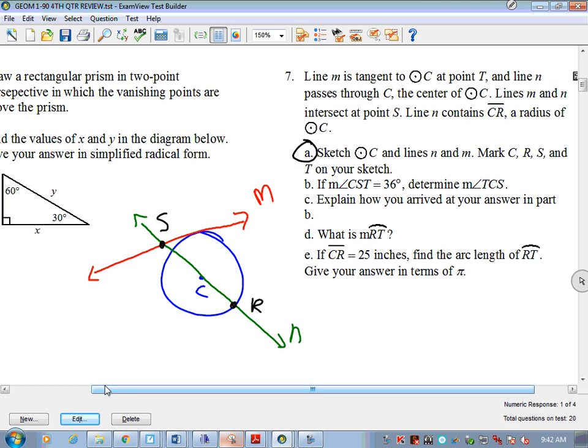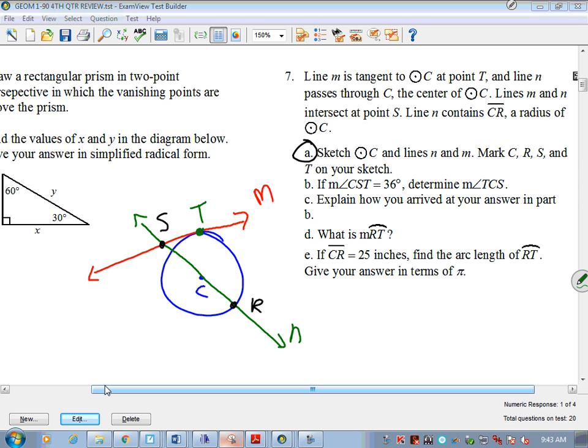Let me see it again. I guess I'm missing it. Oh, let's see. Line M is tangent. Okay, so we need this. Let's use a different color here. We would call that T, correct? Okay, good. All right, so we've got it.